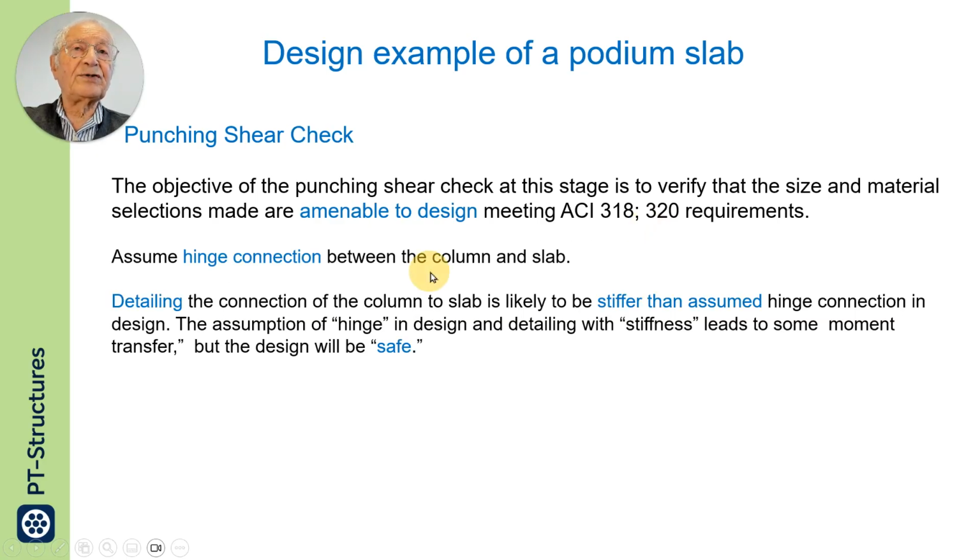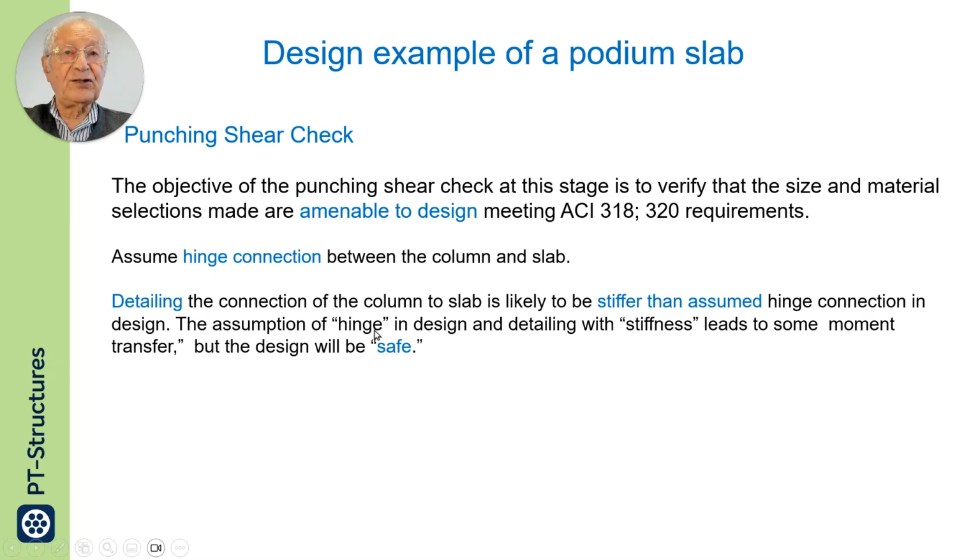We assume hinge. Detailing the column connection is likely to be different from the assumed hinge condition. Your structural drawings may show reinforcement which does not conform with the hinge connection that we assume in design.